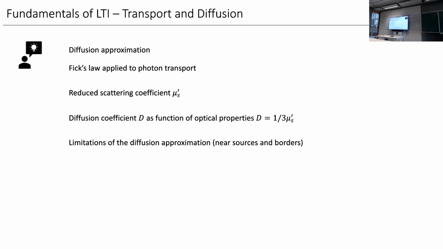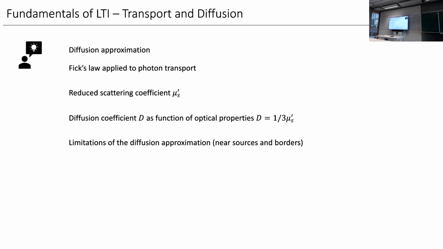In the diffusion approximation, you can use the diffusion laws, Fick's laws, to describe the photon transport. In that, a new bulk parameter appeared, the reduced scattering coefficient μs', which is the product of the scattering coefficient μs and 1 minus g. So it's μs times (1 − g).